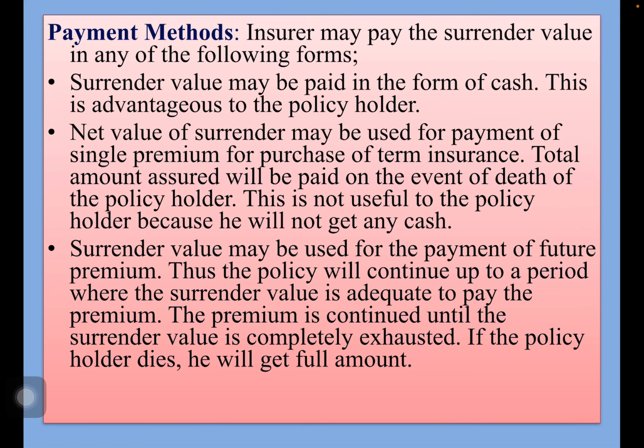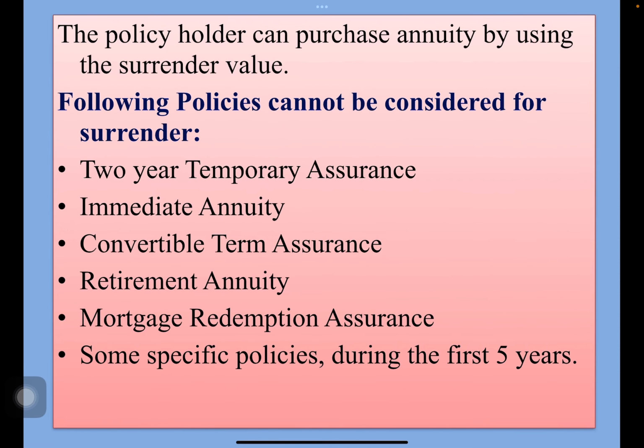Surrender value may be used for the payment of future premium. Thus, the policy will continue up to a period where the surrender value is adequate to pay the premium. The premium is continued until the surrender value is completely exhausted, and if the policyholder dies, he will get the total amount. The policyholder can purchase annuity by using the surrender value also.